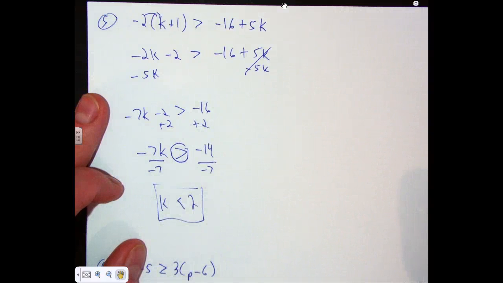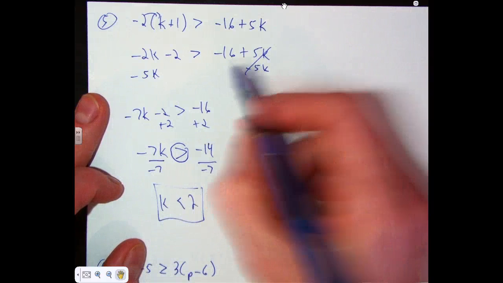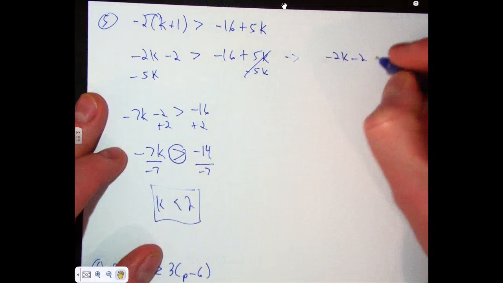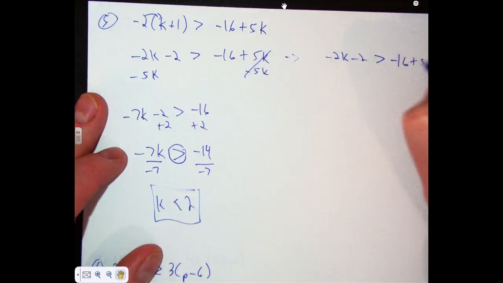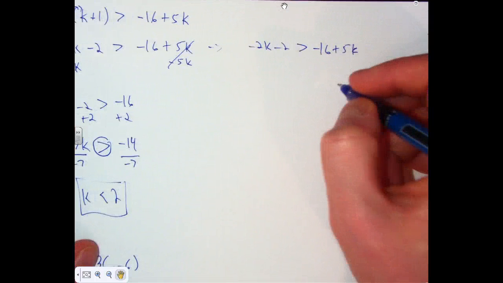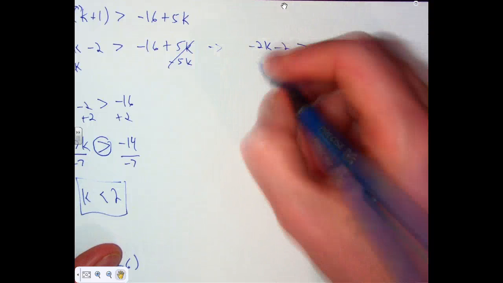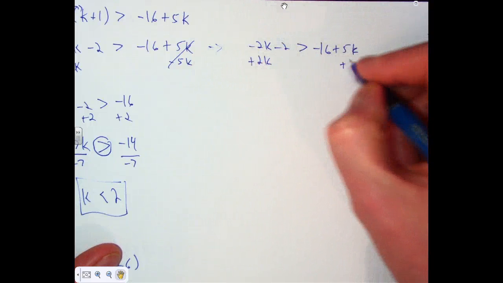There's our solution. Now, if at this point I had decided to leave it as negative 2k minus 2 is greater than negative 16 plus 5k, but move the k's to the right because I want to keep k's positive, I'm going to get the same answer.